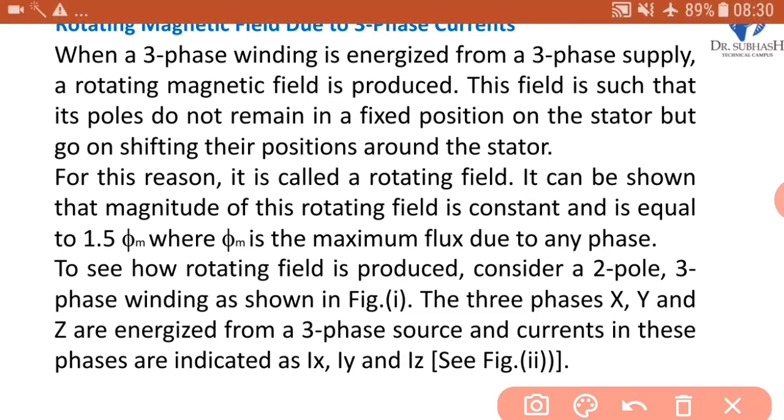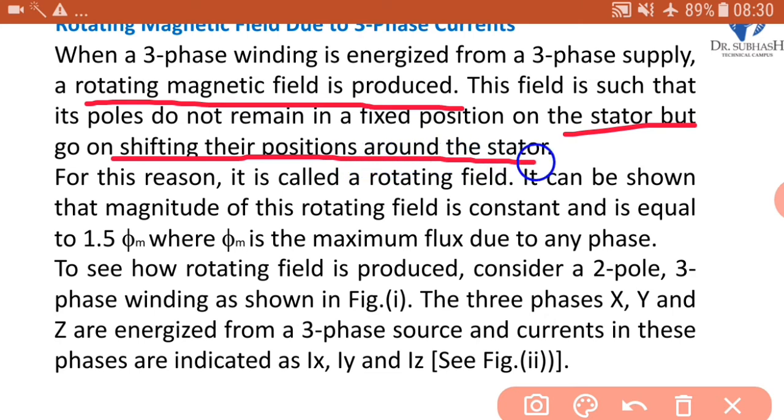When a three-phase winding is energized from a three-phase supply, a rotating magnetic field is produced. This field is such that its poles do not remain in a fixed position on the stator, but keep shifting their positions around the stator. For this reason, it is called a rotating field.